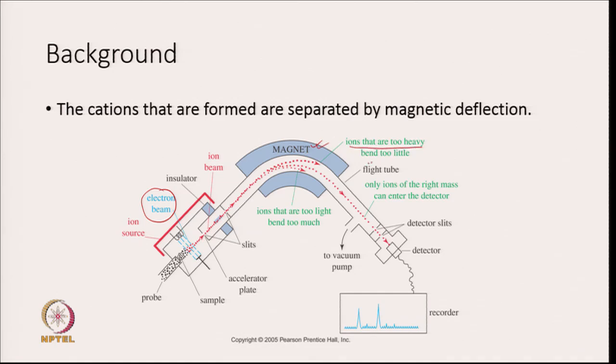The ions that are too heavy bend too little, whereas ions that are too light bend too much, and only ions of the right mass can enter the detector. Once it enters the detector, the peak corresponding to that ion is recorded.